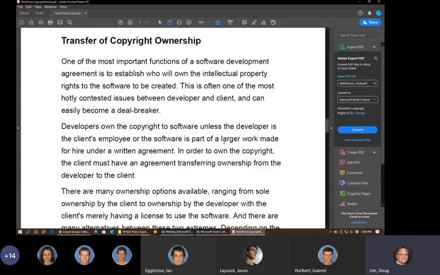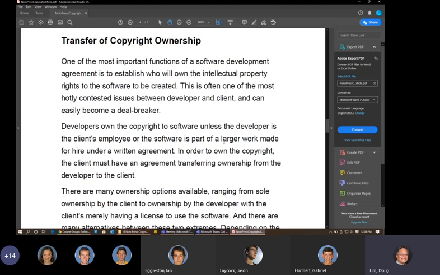Another very interesting aspect of software project deliverables is who owns the copyright of the materials and who has the rights to the intellectual property that's created in the software.